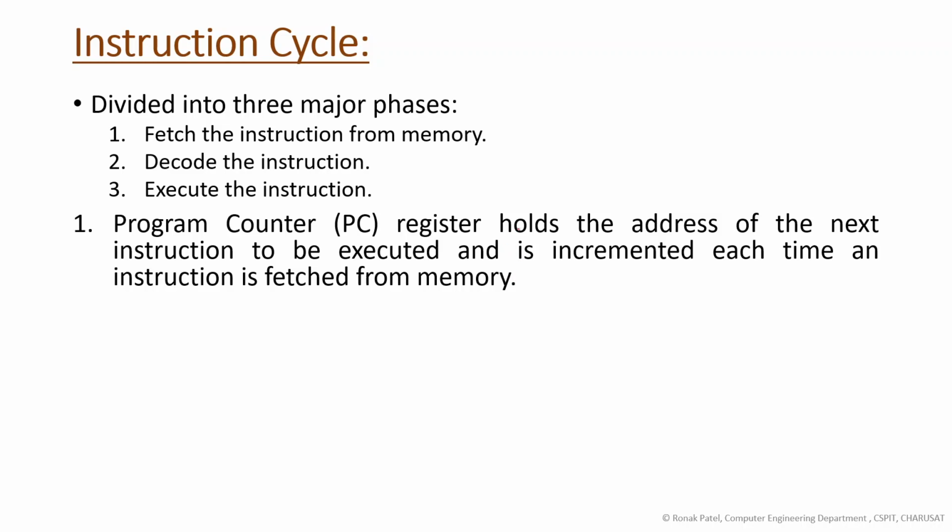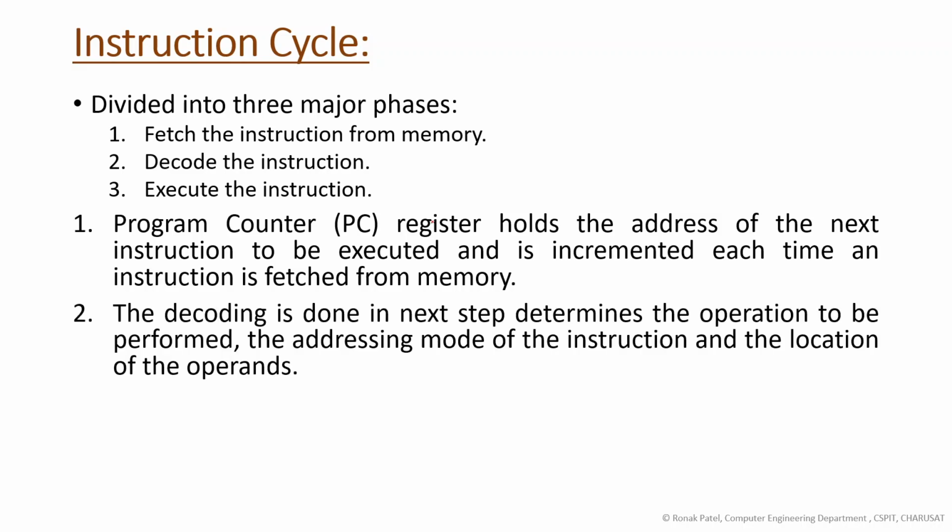So the program counter holds which instruction you need to execute next. An instruction register, IR, holds the current executing instruction. The instruction that you are executing right now will be stored in IR, and the program counter stores the next instruction to be executed.